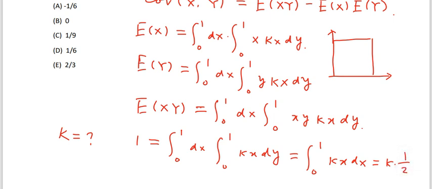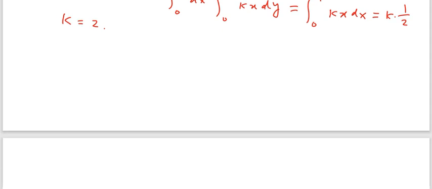So we know k equals 2. Okay, so we just plug in k equals 2, and then we can find the marginals of x and y easily, right? Then we can find covariance.